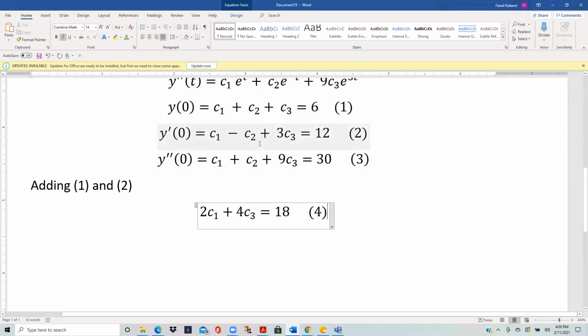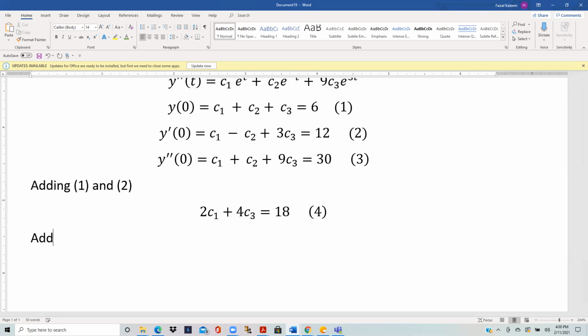And then when you add 2 and 3, again, C2 will be eliminated. So adding 2 and 3, we'll again get 2C1.